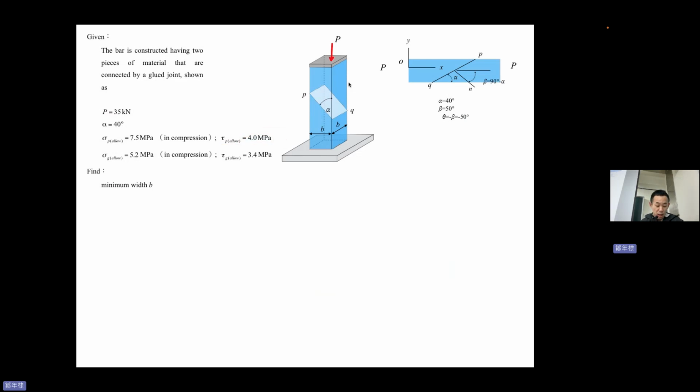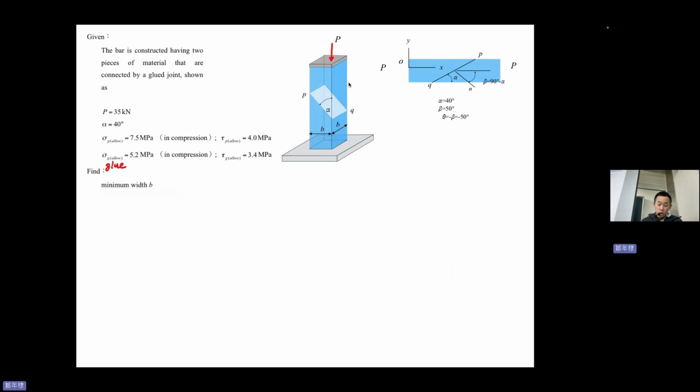Sigma G means glue. The glue itself cannot handle compression beyond 5.2 and cannot handle shear stress beyond 3.4 MPa. So we need to design the minimum width of B.